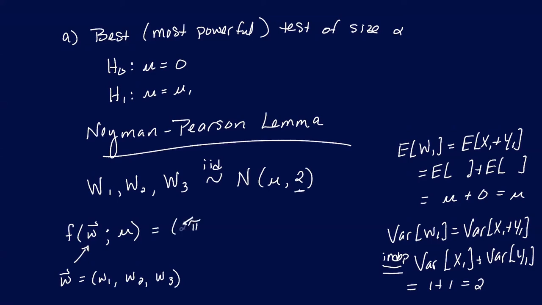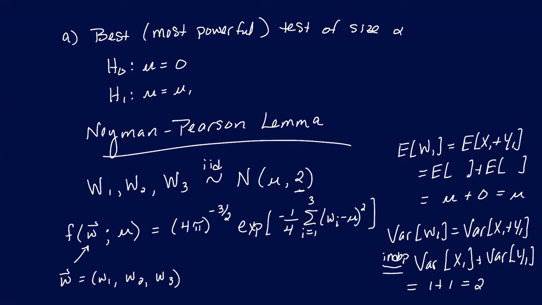So let me multiply it in there already. We get 4 pi to the minus 3 over 2. So that's in place of what you usually see for the normal as the minus n over 2, because n is 3 here. And then we get e to the minus 1 over 2 sigma squared, which is 4, and the sum, as i goes from 1 to 3, of Wi minus mu squared.